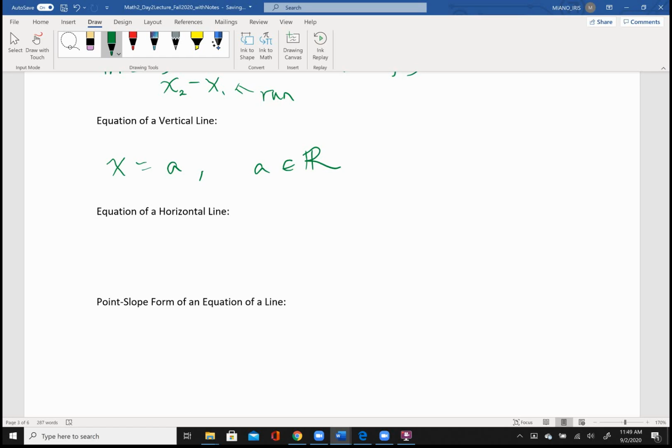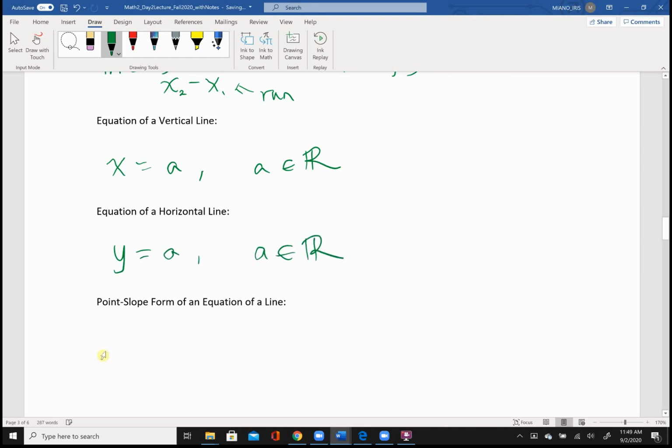Hopefully that's familiar to you guys, and if it's not, well, you've learned it from me. Cool. So all vertical lines come in the form of x equals some number. Horizontal lines, on the other hand, come in the form of y equals some real number.